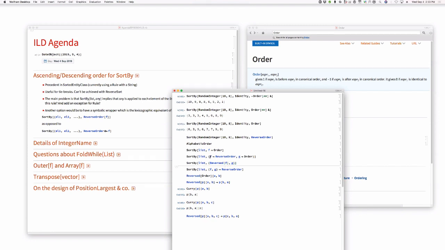F arrow reversed bracket order bracket. Exactly, and then comma g goes to order. So that would work. Because in that way you can have alphabetical order, numerical order, any order function there inside the reverse. Right.